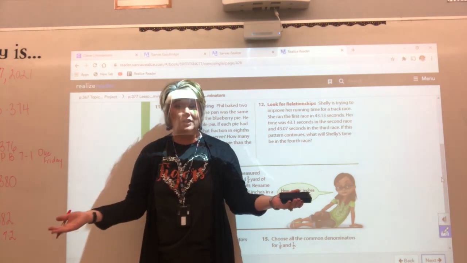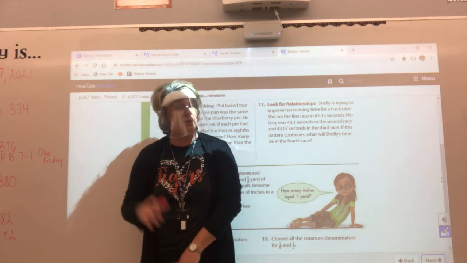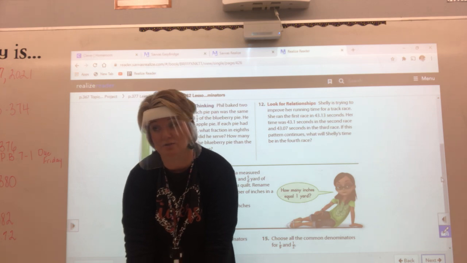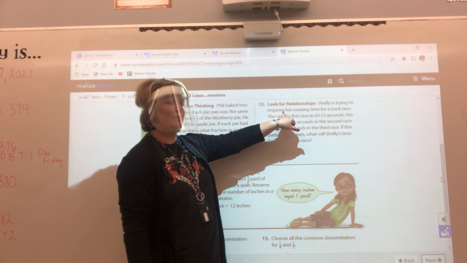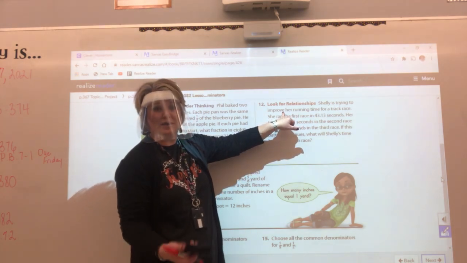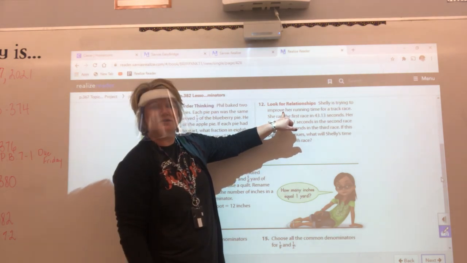Like in basketball, whoever has the most points counts, right? But in running, whoever has the lower time is actually the faster person. So here's Shelly. She's wanting to improve. How would she improve her time then? What's she going to have to do to improve her time? Tell me. Run faster. The time. What's she going to have to do?